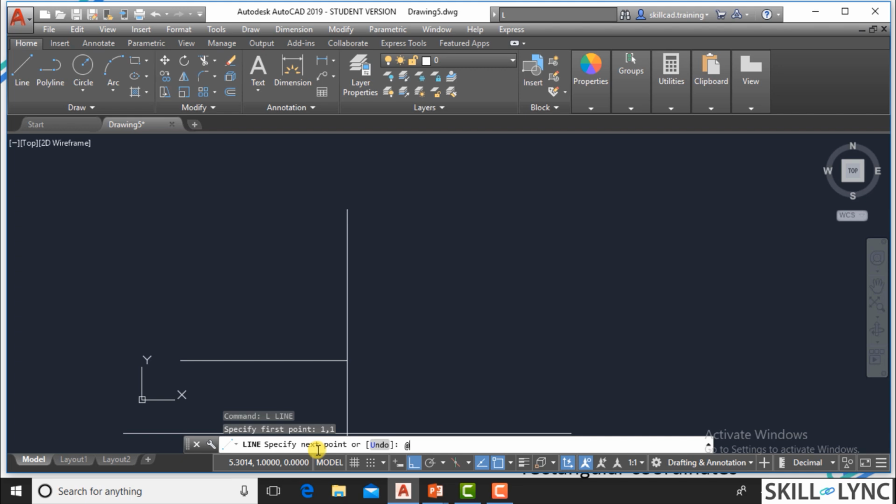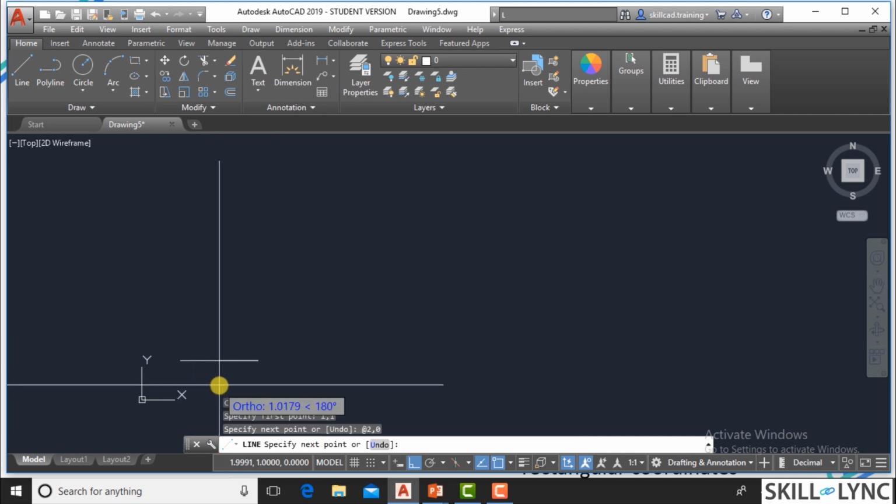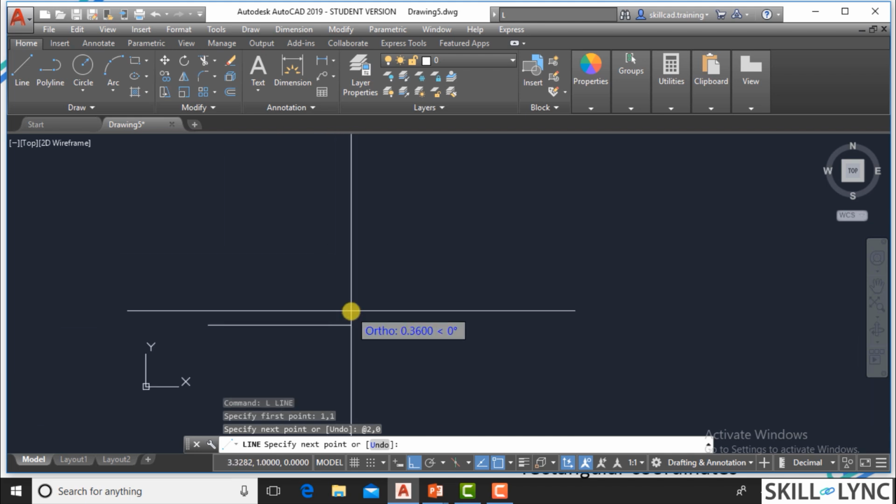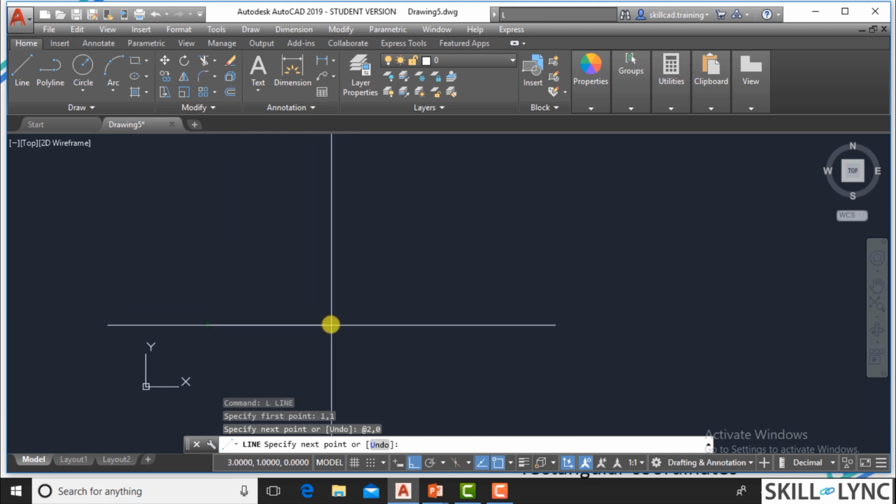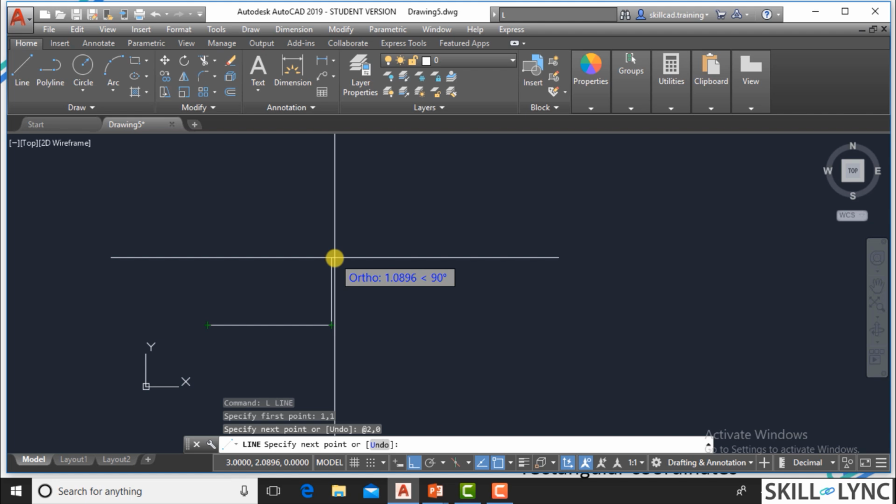Now if I want to move 2 units in the x direction from the previous point and 0 in y, I say @ 2 comma 0. That means in x you are moving 2 units and 0 in y. Similarly, you say @ 0 comma 3: 0 in x and 3 in y, and it will move up.